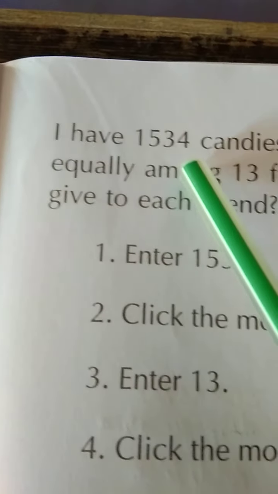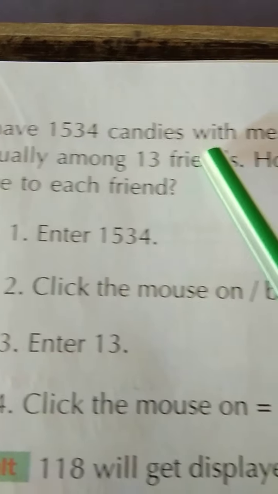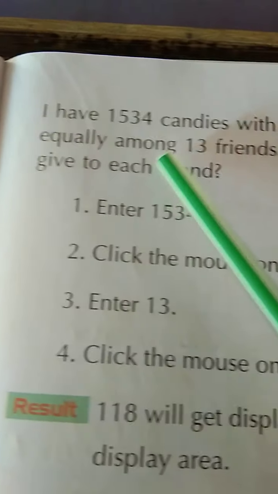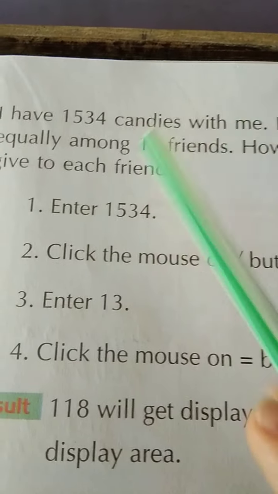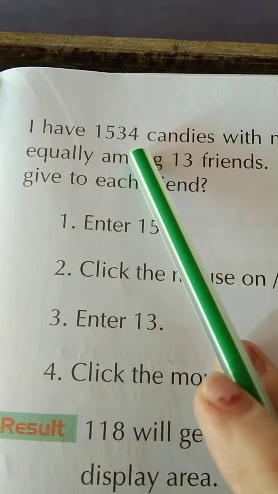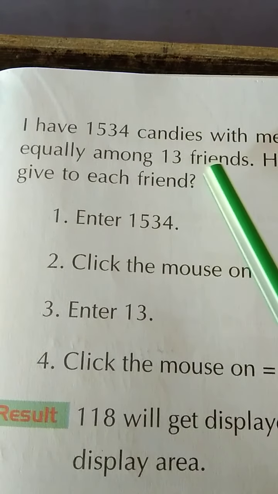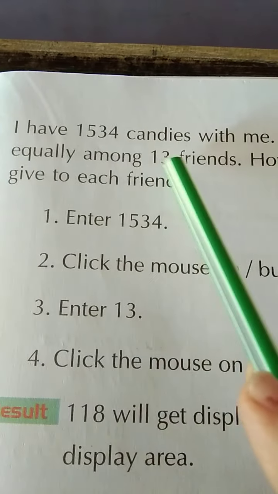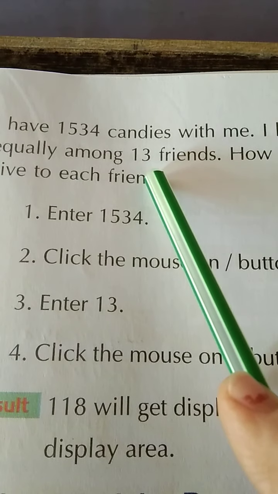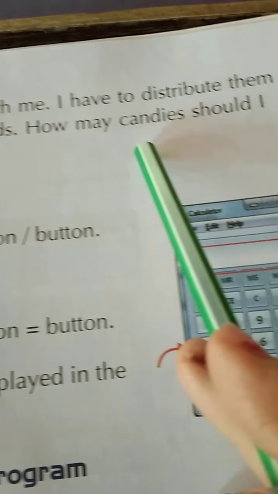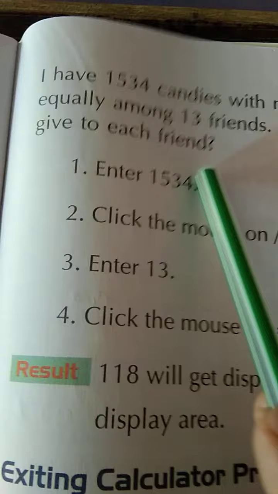I have 1534 candies with me. I have to distribute them equally among 13 friends. See, you have 1534 candies and you are going to distribute them among the 13 friends. So how many candies will each friend get?